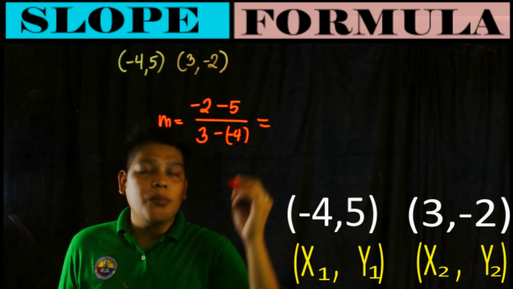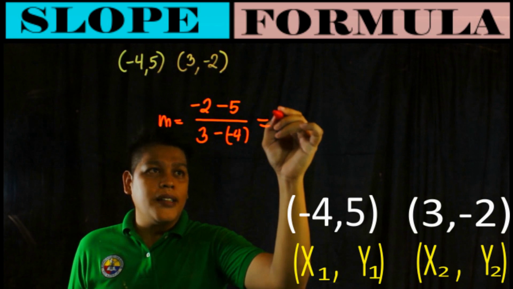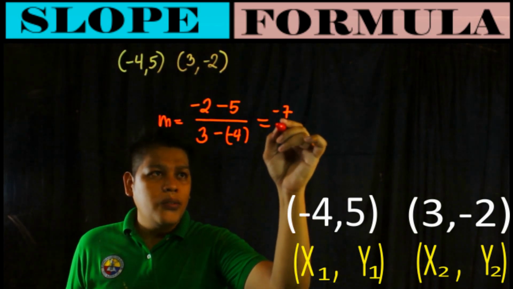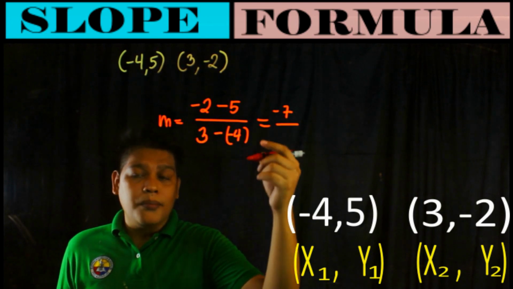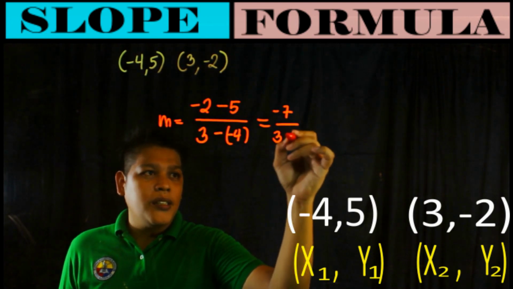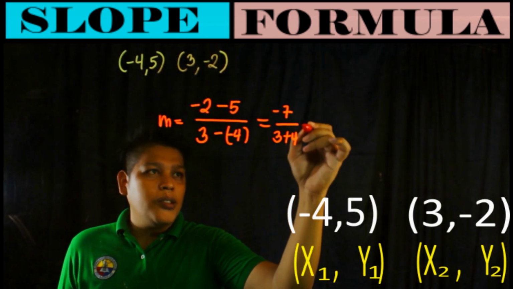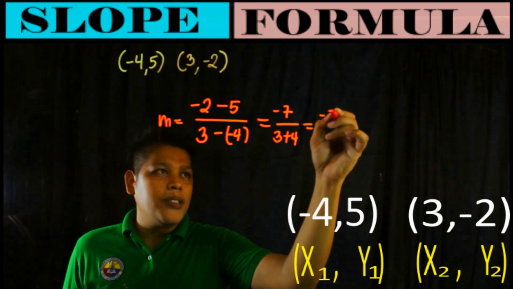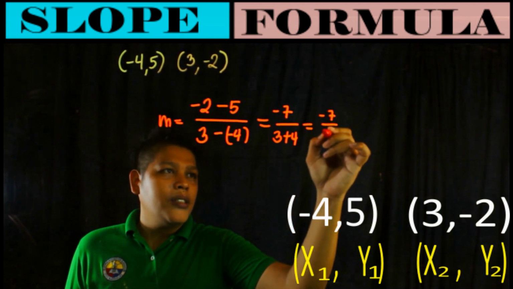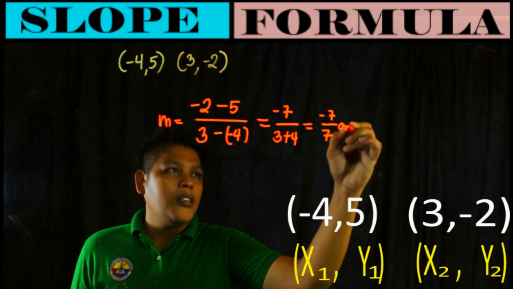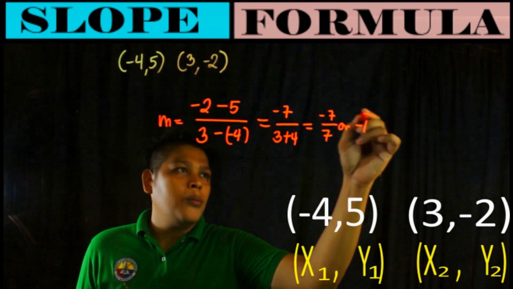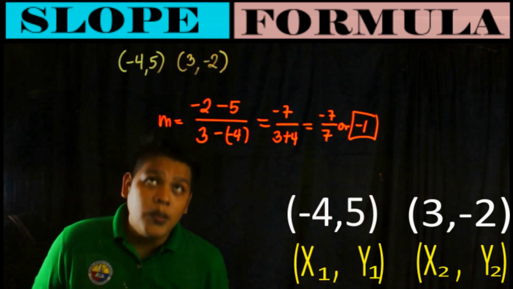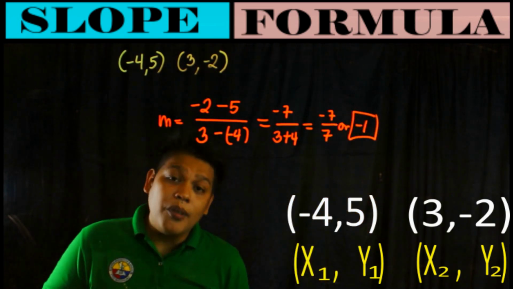So negative 2 minus 5 is negative 7, over negative 3 minus negative 4, magiging addition ito, so 3 plus 4. So the answer will be negative 7 over 7, or 7 divided by 7 is 1, may negative. So negative 1 is the slope of this example.